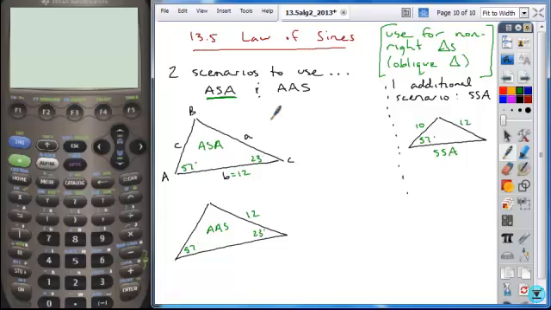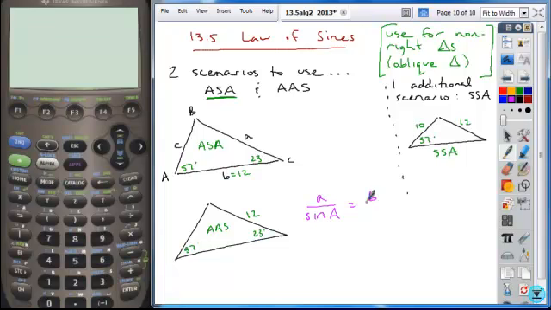You need to identify whether we're dealing with one of these patterns. If so, we're going to apply the law of sines. Here's what the law of sines states: the ratio of a side to the sine of the angle opposite that side, so a over the sine of A, is equal for all pairs of sides and opposite angles.